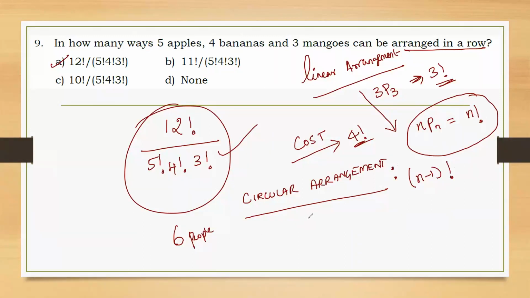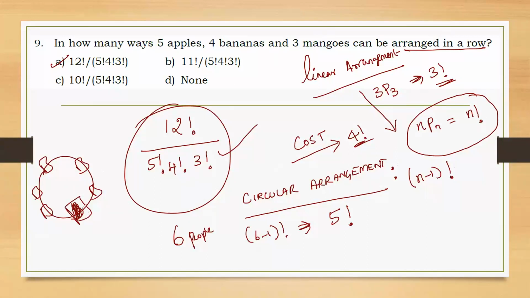If we have 6 people to arrange at the dining table, we write 5 factorial, since n minus 1. If you ask 6 people to sit at the dining table, they would go around like musical chairs. So I place one person in one place, blocking the circular arrangement, and the remaining 5 can sit in any place.